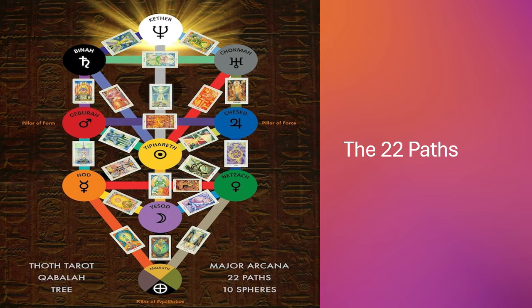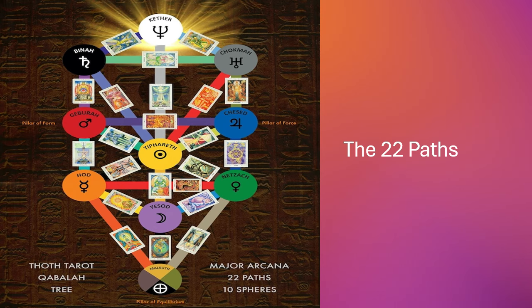So the 10 Sephiroth of the Kabbalistic tree of life represent states of being, fundamental moods, psychological tendencies, archetypal drives, and modes of consciousness that are universal to human nature. We encounter these aspects within ourselves, whether we seek them out or not. They are intrinsic to the structure of the psyche.